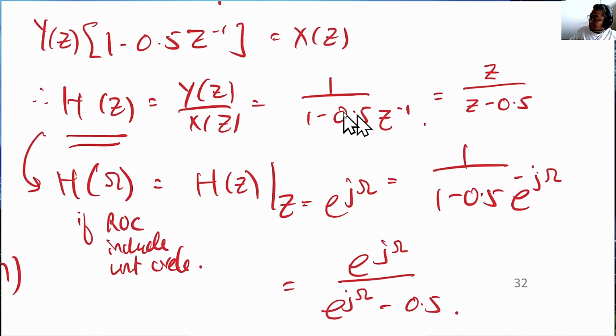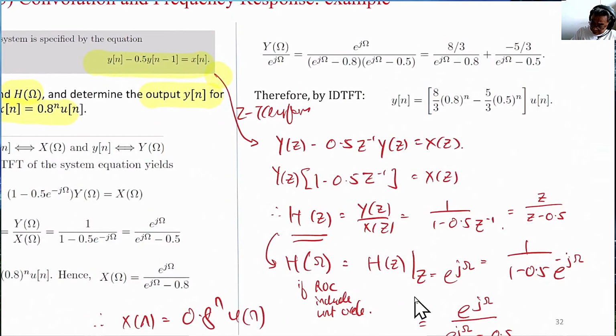The minus power comes out, which is here, and the rest is the same. If you prefer to work in positive powers of z, then it is e^jω over e^jω minus 0.5, and that is H.